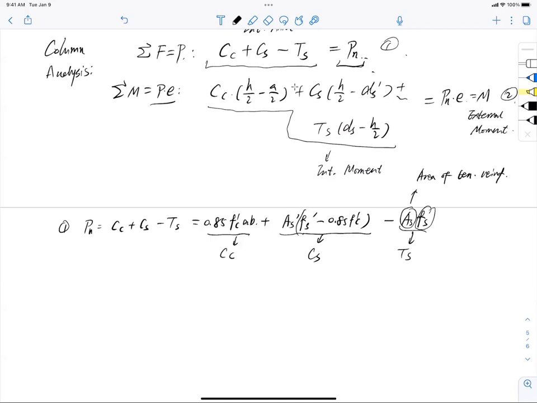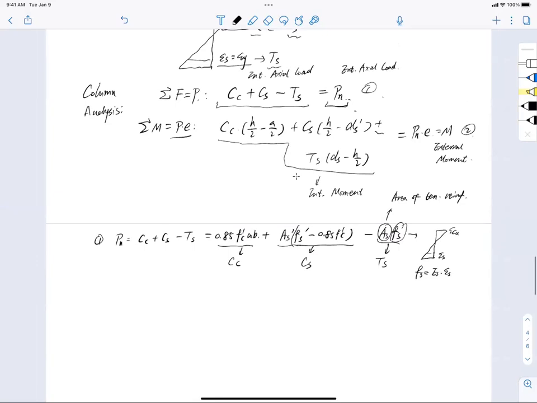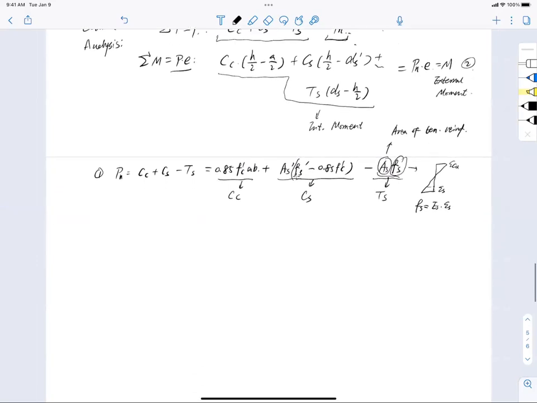How do you determine that? You need to use the strain diagram to determine epsilon cu and then epsilon s, and then use fs equals Young's modulus of steel multiplied by the strain to get the stress inside the reinforcement. That's the detail about the axial direction.